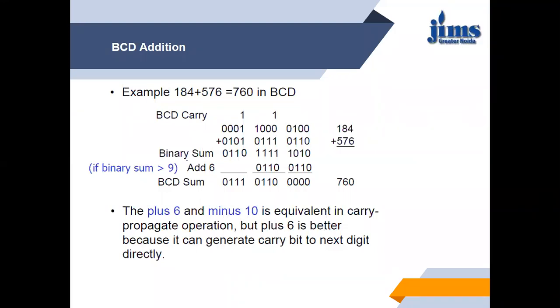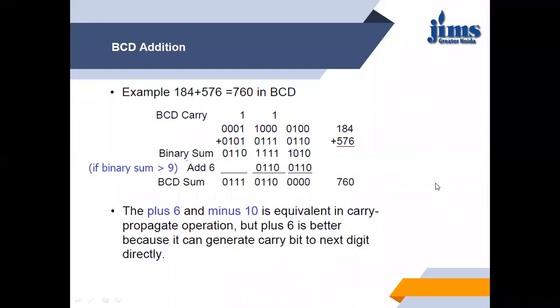Then we check all the combinations. If any binary sum is greater than 9, then we add 6. Otherwise, if there is none greater than 9, the binary sum is your BCD sum. Or you can check with direct decimal addition whether your answer is correct or not. So here is your decimal addition and here is your BCD addition. Both answers should match.